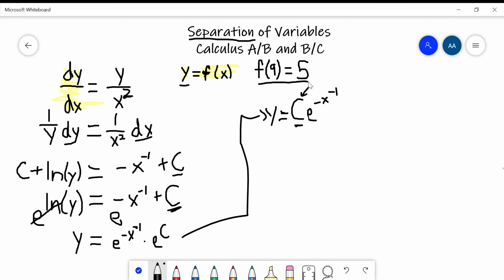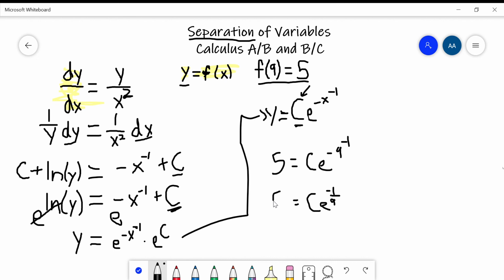Luckily, we have this point right here. We're going to plug in that point. And we are going to get C, because we don't know what that is yet, C times e to the minus 9 to the power minus 1. So this is going to be C e to the minus 1/9. I'm sorry that the exponents look so bad.